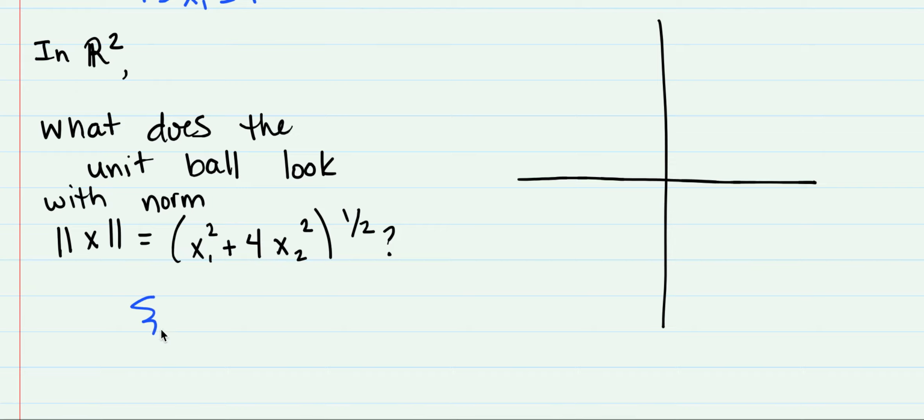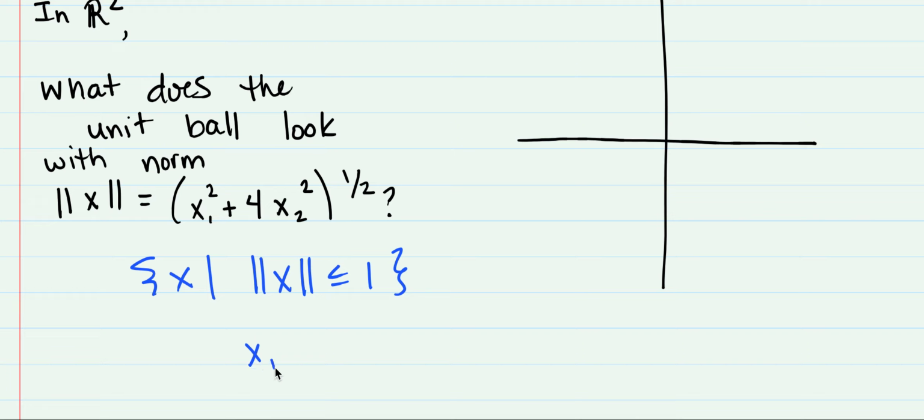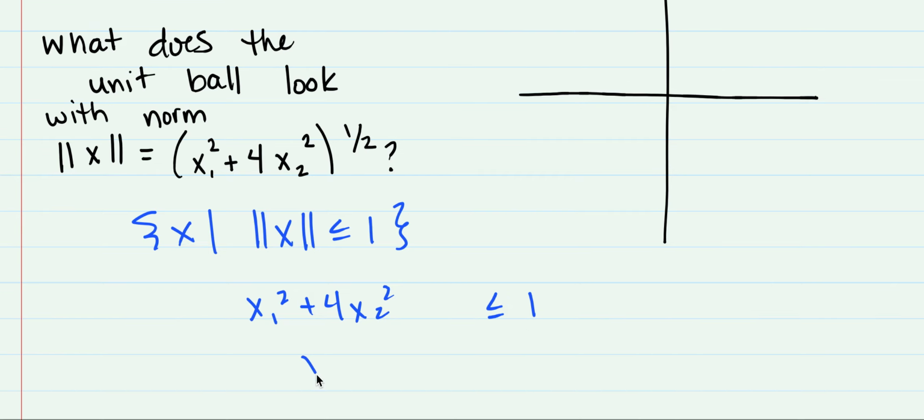Well, the unit ball is a set of vectors such that the length of x is less than or equal to 1, which would tell me x1 squared plus 4x2 squared, to the 1/2, is less than or equal to 1. And again, you can square both sides. Square 1, you get 1. So now I have x1 squared plus 4x2 squared is less than or equal to 1. And if I substituted this with x and y, does this look like an equation you've seen before?